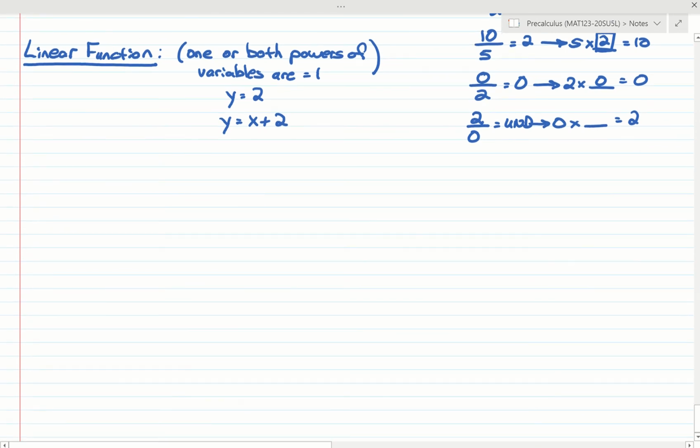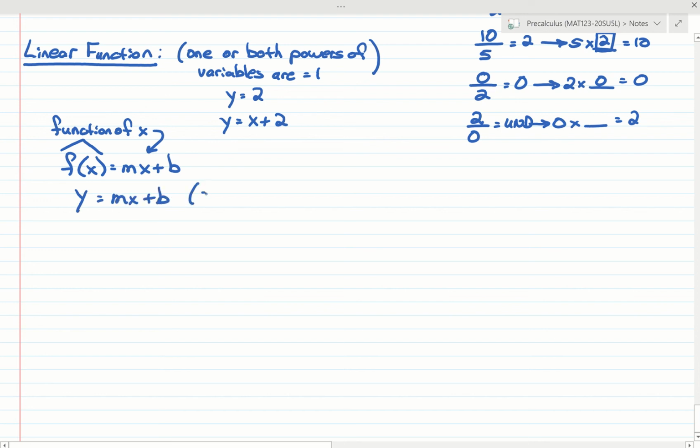All right, so generally our linear functions take the form f of x is equal to mx plus b. f of x just means function of x, just meaning that we're going to be plugging in numbers for x. Most of the time, you guys probably know y is equal to mx plus b.